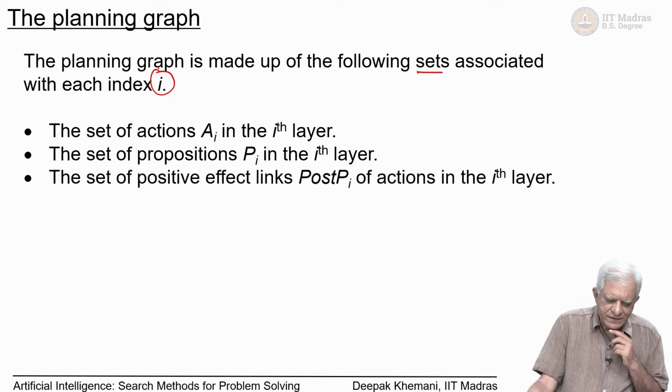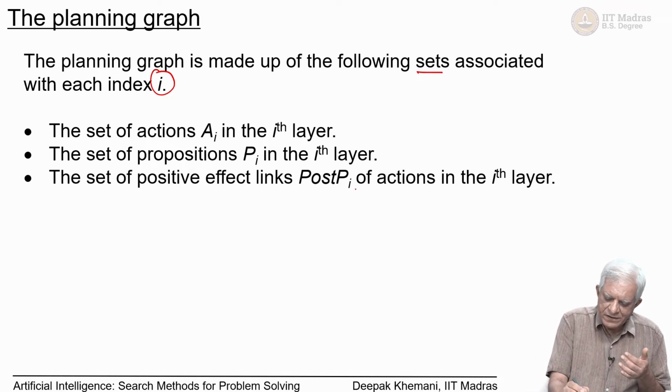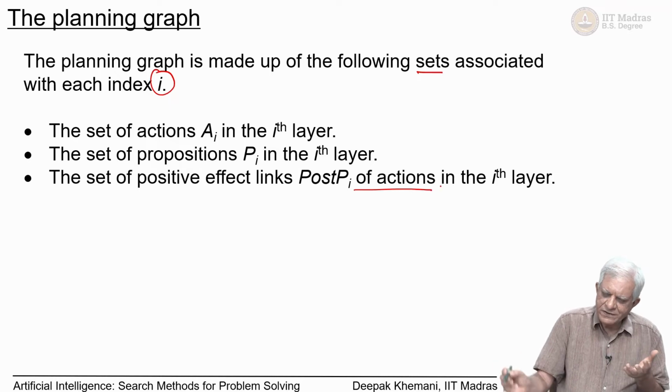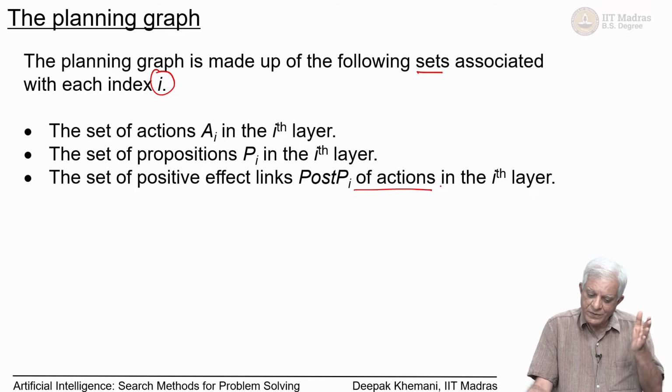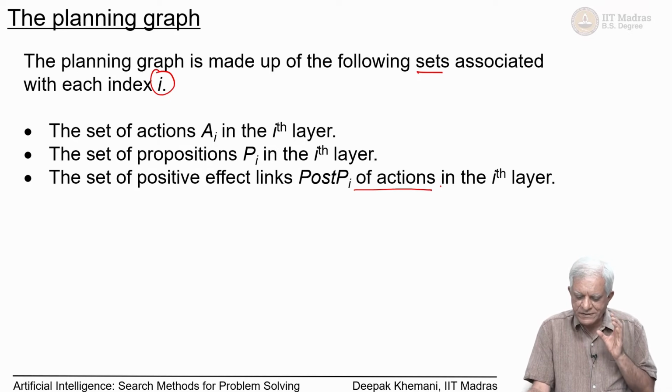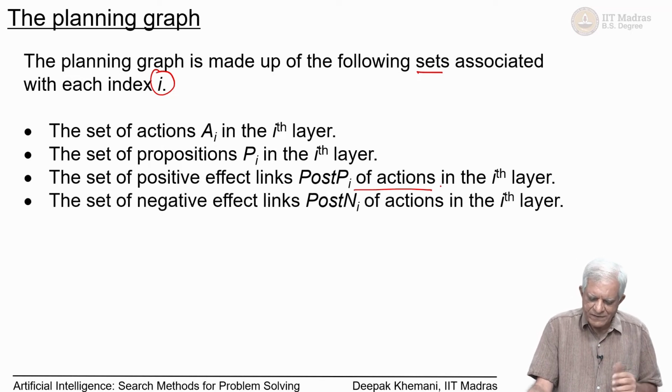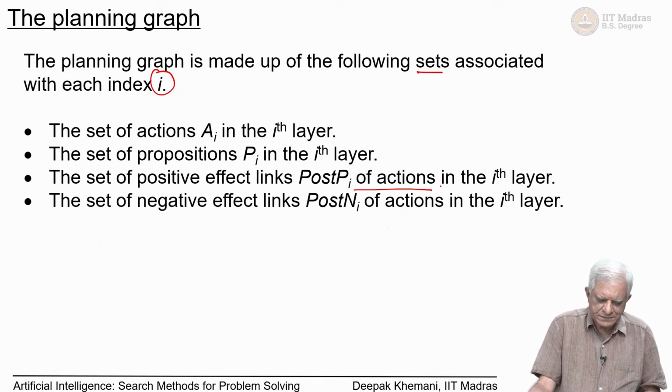P0 is the start state essentially. The set of positive effect links associated with the actions in the ith layer. So, every action in the ith layer will have positive links to the propositions which are also in the ith layer. Remember, action layer Ai produces proposition layer Pi. So, there are positive links between the two, and there are also negative links between the two as we have seen.